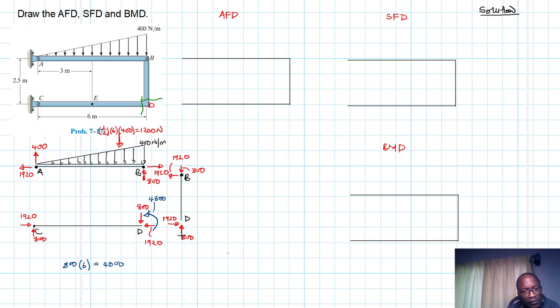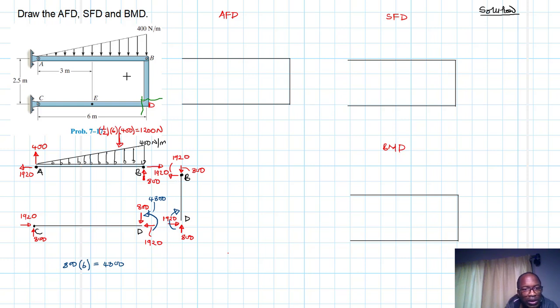All right, and then here we are going to just have the opposite direction of this moment. So this moment here is also going to be equal to 4800.